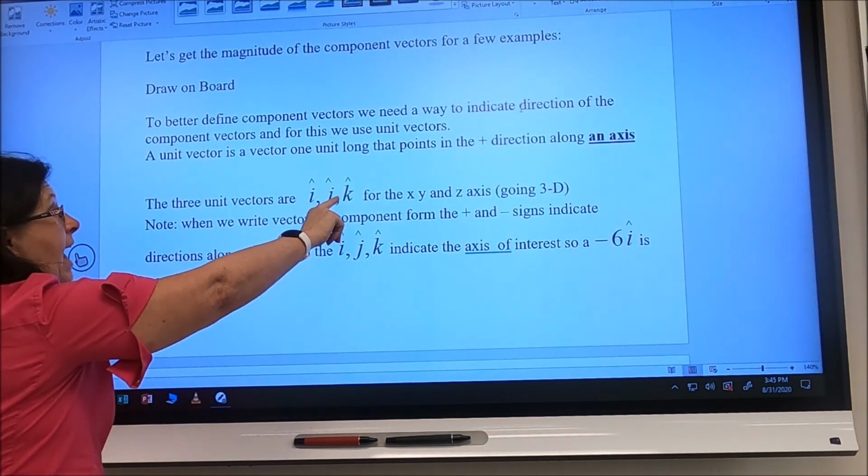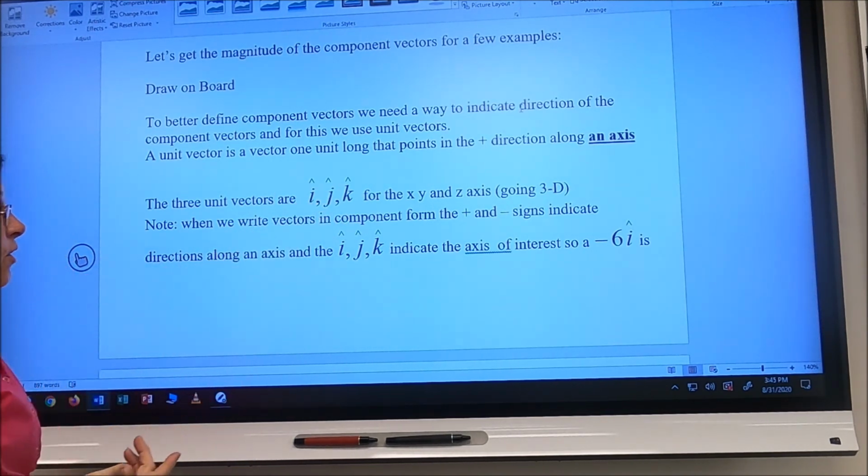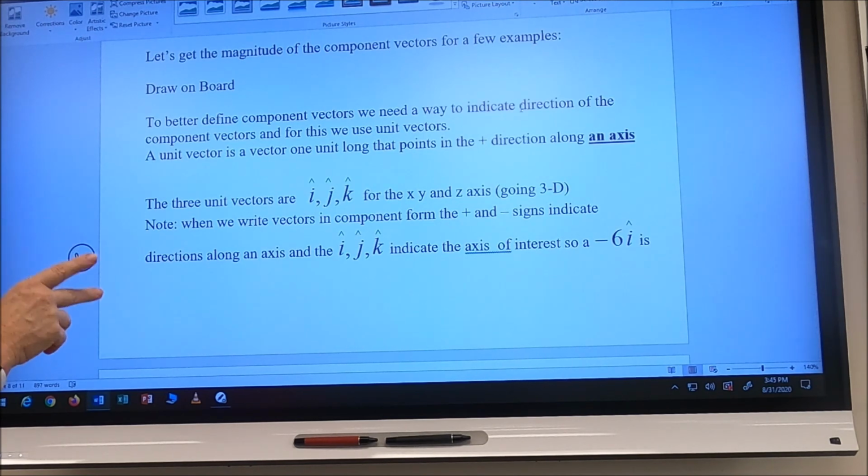I hat, J hat, K hat. The little hat means unit vector. The I unit vector is a vector 1 unit long that points in the positive x direction. The J vector is a 1 unit long vector that points in the positive y direction. The K vector is a vector 1 unit long in the positive z direction. Right now, we're going to be worried just about I and J, not really worried about K because we're sticking to 2D.